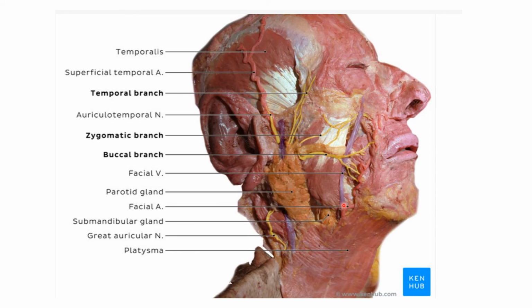Then it provides certain branches here and supplies different regions. It has a number of branches like the inferior labial branch, superior labial branch, lateral nasal branch, muscular branches, and the last, the angular, I think, sorry, the last ophthalmic division of the facial artery.